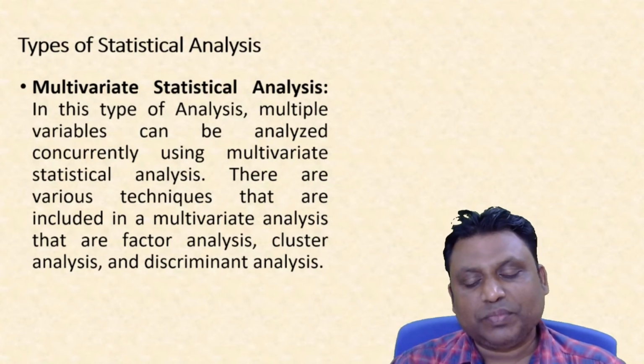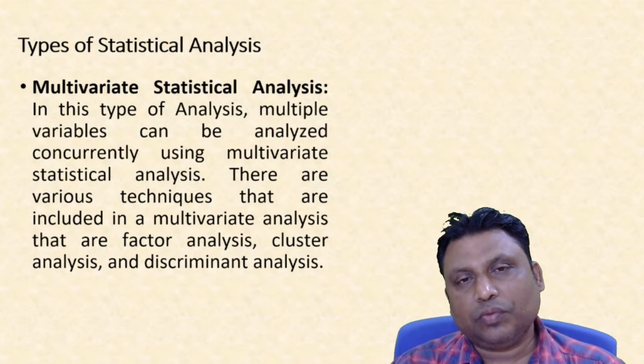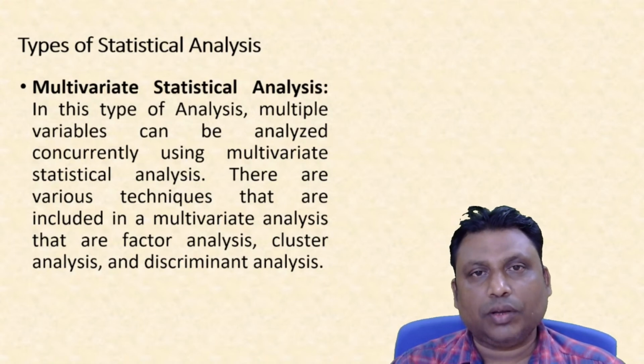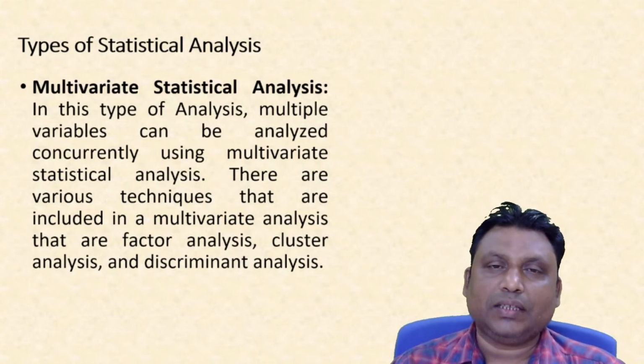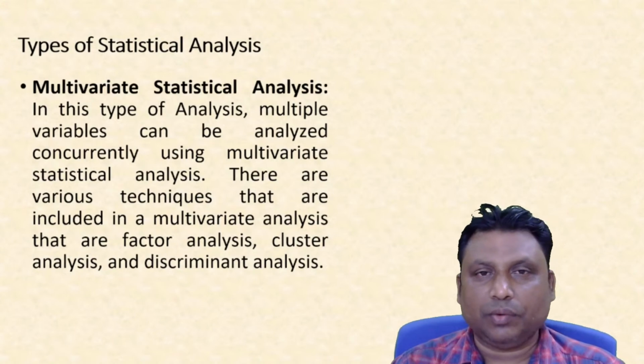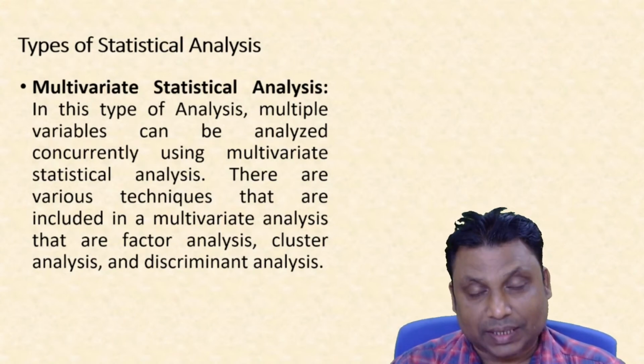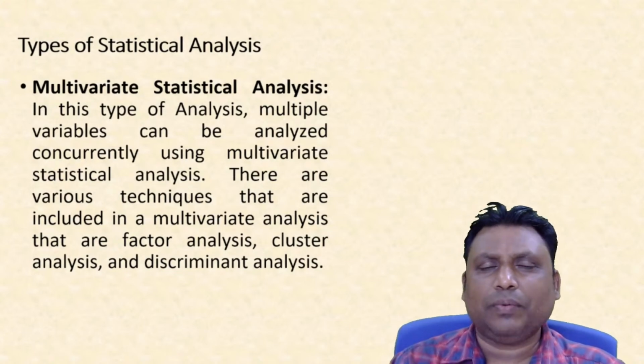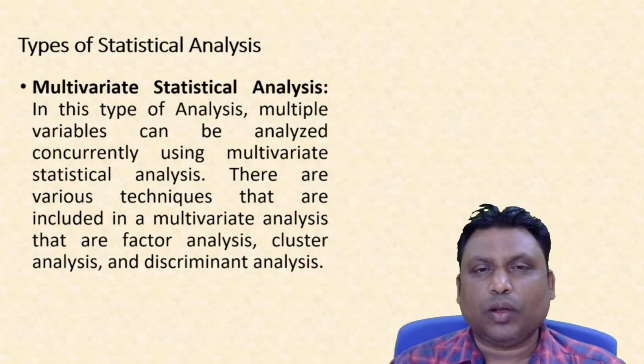So in correlation and regression, when you find the relationship between two variables, it is called simple correlation or simple regression. But if we are considering more than two variables, this type of analysis is called multiple correlation or multiple regression. But in cases of 3, 4, 5, 6, 7, 8 variables, it is very difficult to identify and analyze your data.